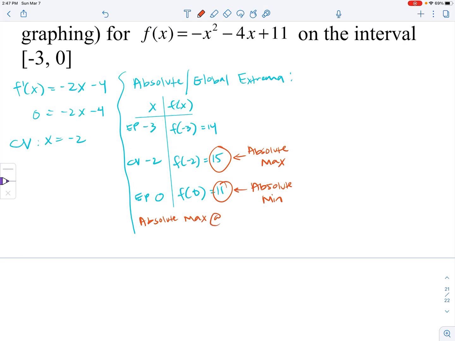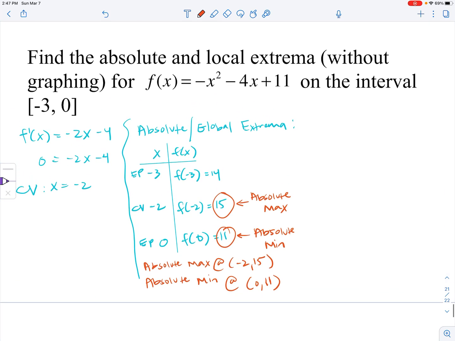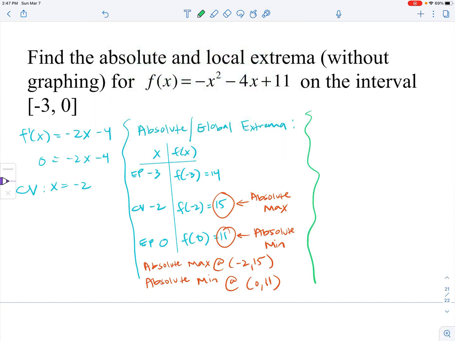And you could describe the points, right? Absolute max at -2, 15, absolute min at 0, 11, depending on what you're being asked for. This question just says find the absolute extrema, so I would take that as just the actual values. But again, pay attention to what the question's asking.